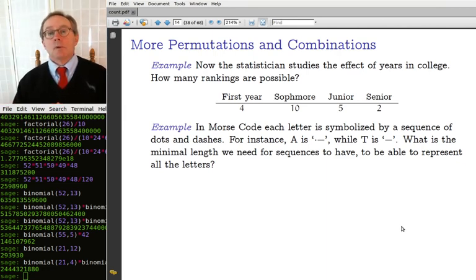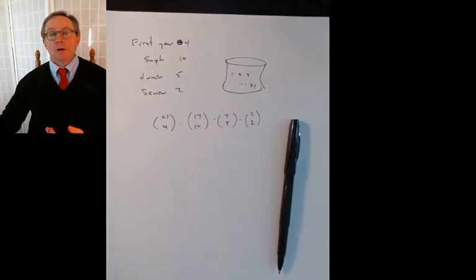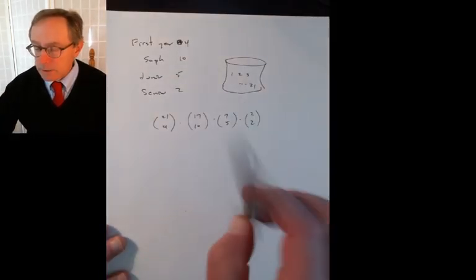Okay, so more permutations and combinations. In Morse code, each letter is symbolized by a sequence of dots and dashes. For instance, A is dot dash, while T is just dash. What's the minimal length we need for sequences to be able to represent all the letters? I'm just really trying at this point some combinatorial problems, just trying to think through what the possibilities are.